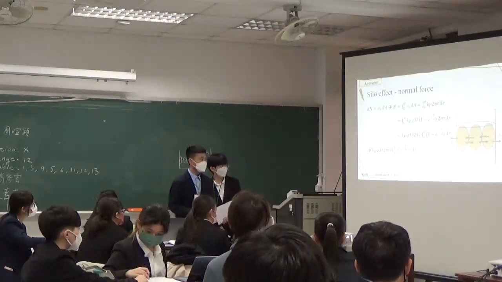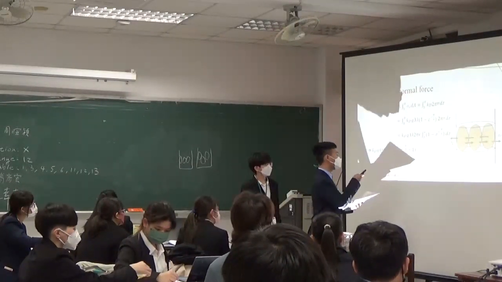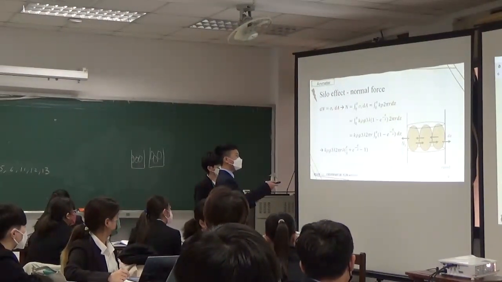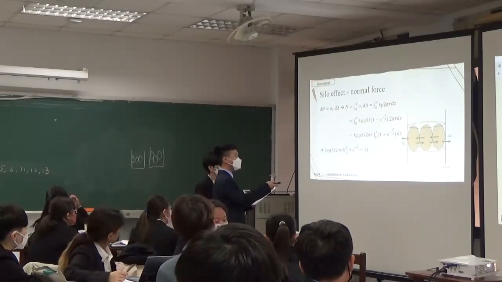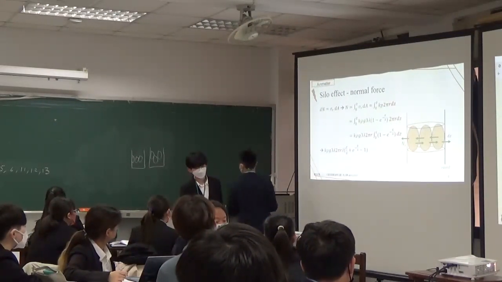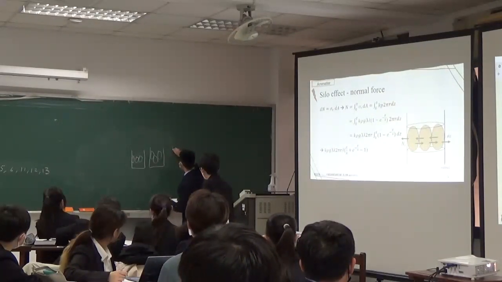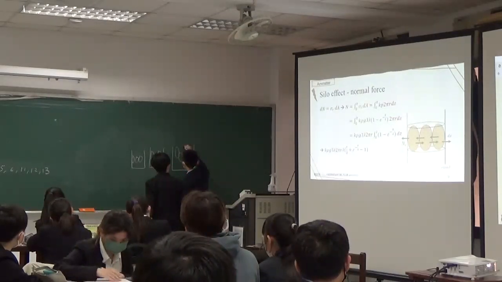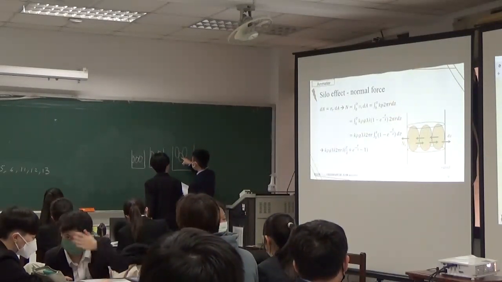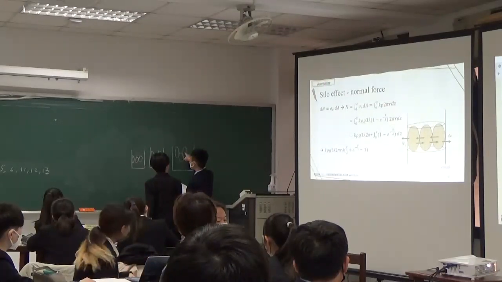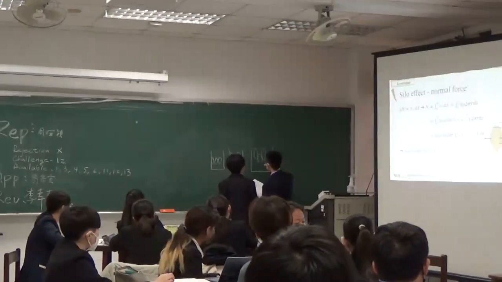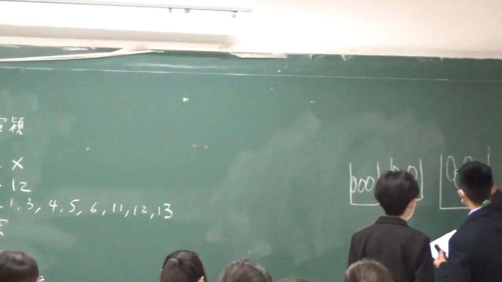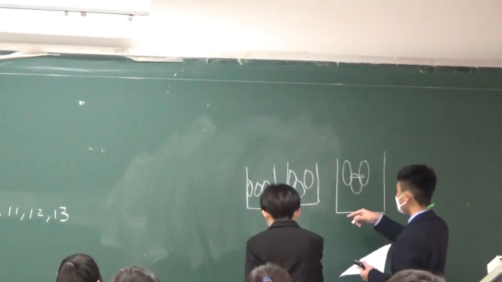Your force analysis is right, the normal force, but if the arrangement is different, the direction of the normal force may not be like this. Like in this situation, the rice is like this. If we just consider the two rice grains here, the direction of the normal force will not be just horizontal to the plane, right?